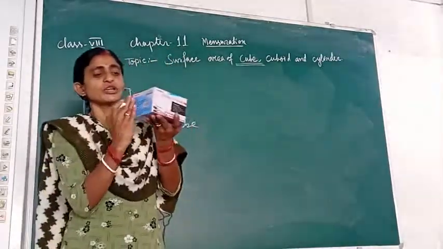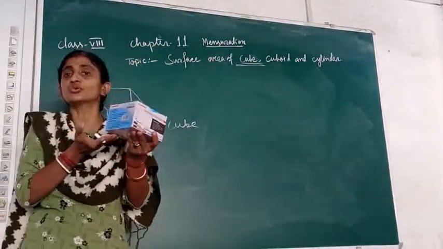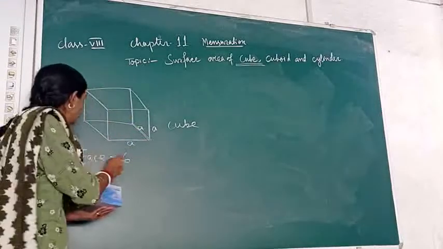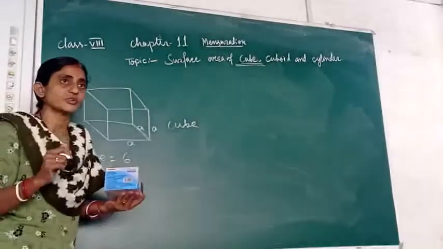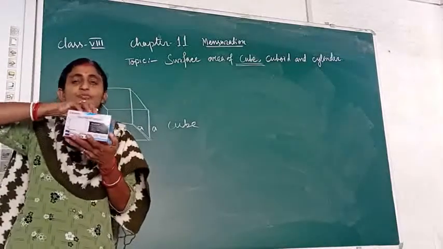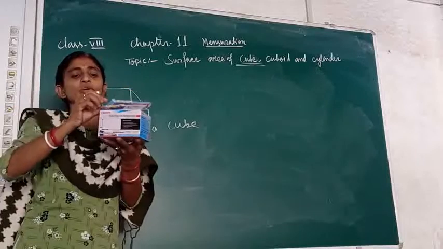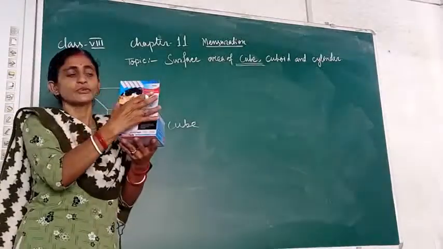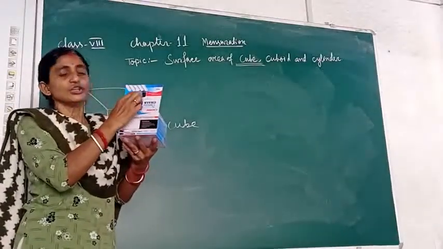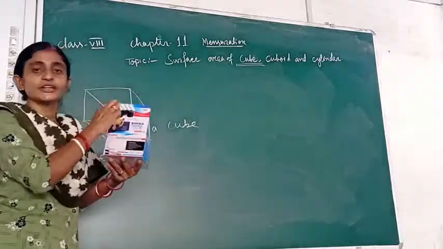Surface area means that all the faces, that layer area, I am going to add. So how many faces do we have already? Already we have 6 faces. And the area of one face, let it be the top of this box. That area, what we are going to consider here, is in square shape. So for that one, length into breadth, or in this case of a square, we can say side into side.